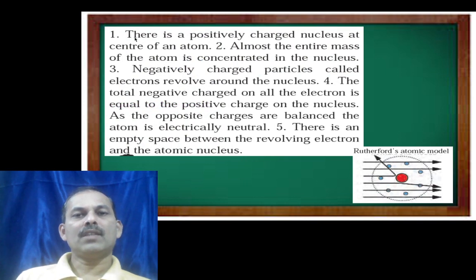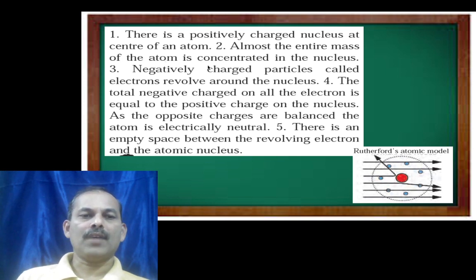With the help of this experiment, we can say there is a positively charged nucleus at the center of an atom. Second, almost the entire mass of the atom is concentrated in the nucleus. Third, negatively charged particles called electrons revolve around the nucleus.